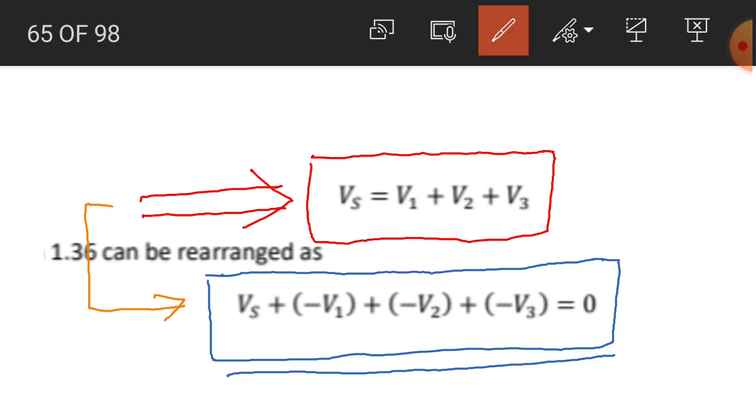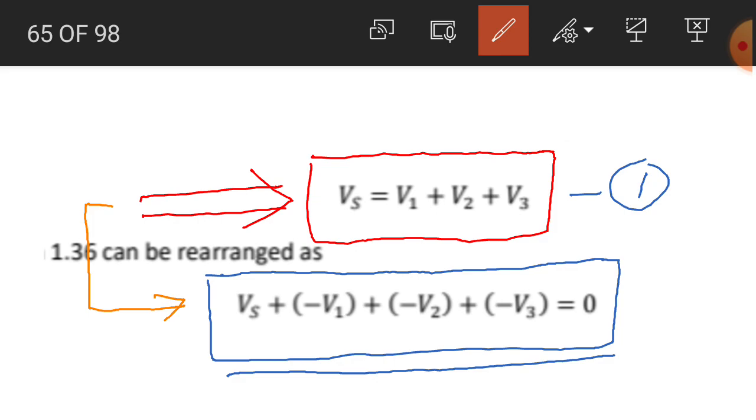What we do in this algebraic sum, we place a plus sign with all the voltage rises, and a minus sign with all the voltage drops, and then we add them. So this summation will result in 0. Anyhow, we consider equation number 1 over here.